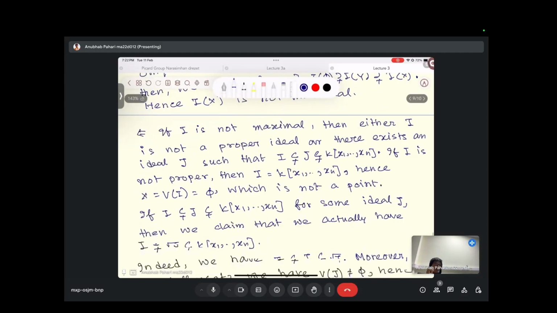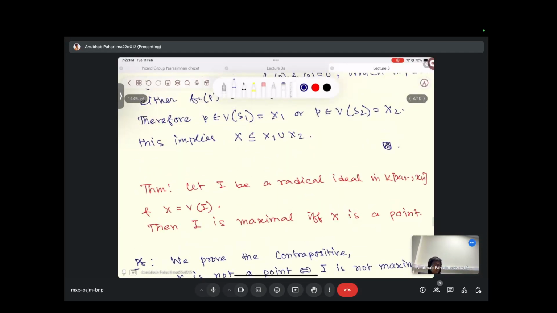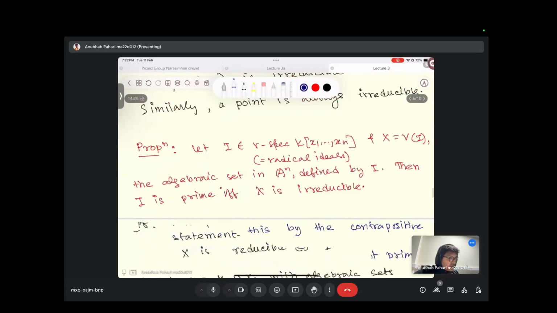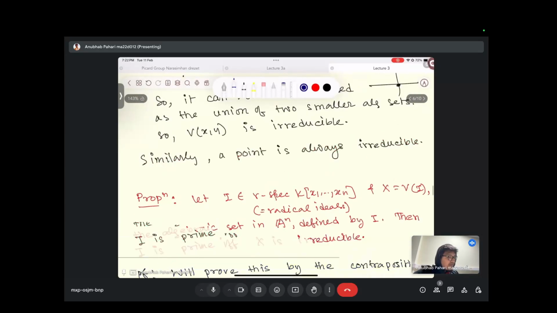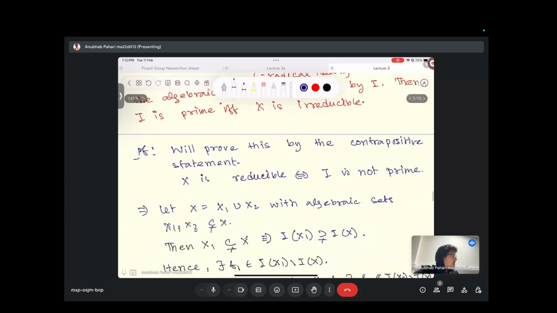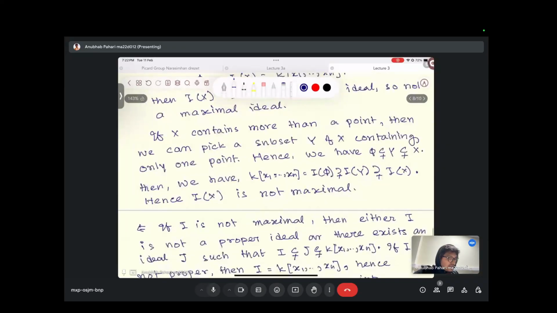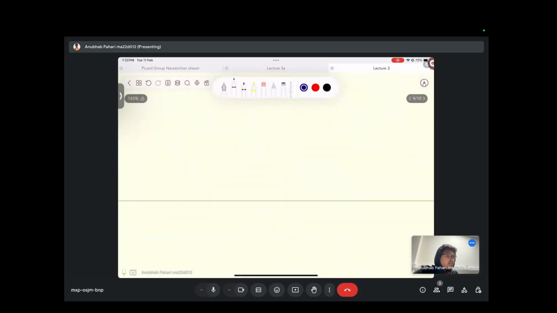So what we have shown till now is that I is maximal if and only if X is a point, I is prime if and only if X is irreducible, and in your last class you have seen that I is radical if and only if X is an algebraic set. So we can really give a nice correspondence, that is a bijection.